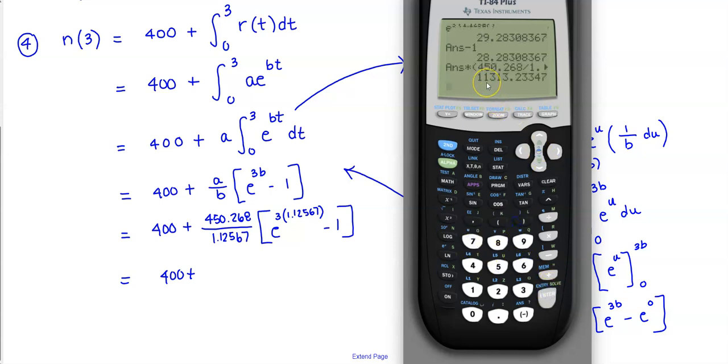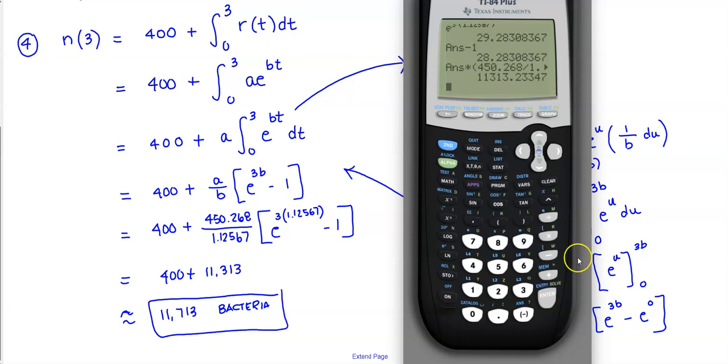And we get 11,313, rounded to the nearest thousand. So that's plus 11,313. And if we add 400 to that, we end up getting approximately 11,713 bacteria. And therefore, there's our result.